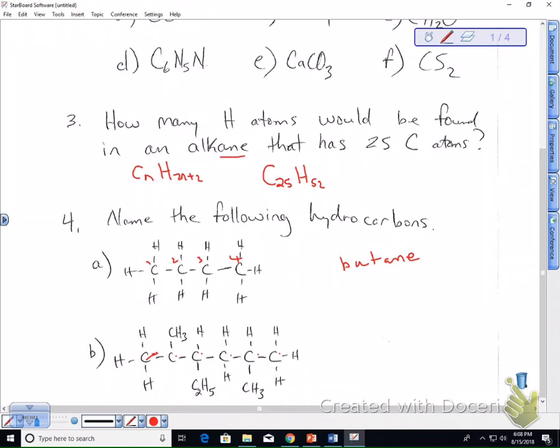Now, what are we going to do with all these branches? We need to number so we can start identifying where these branches are. So our options for this 6 carbons is go left to right, 1, 2, 3, 4, 5, 6. If I do that, the methyl's on a 2, the ethyl's on a 4, and this one's on a 5. Or if I go the other way, the methyl's on a 2, a 3, and a 5. So it doesn't make a lot of difference either way.